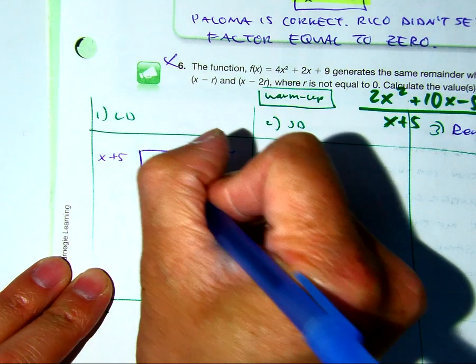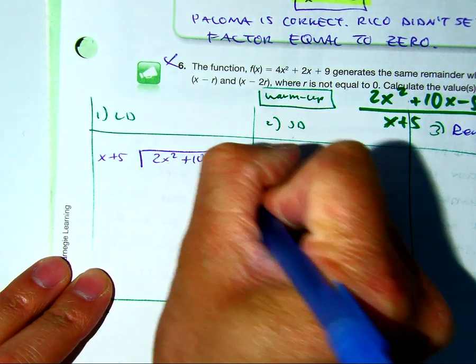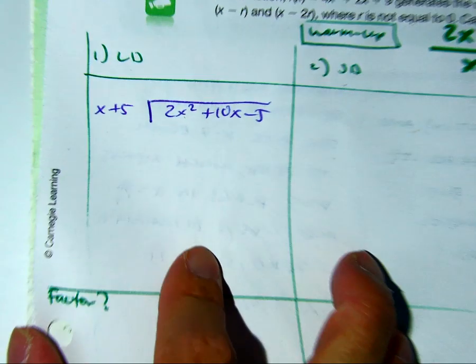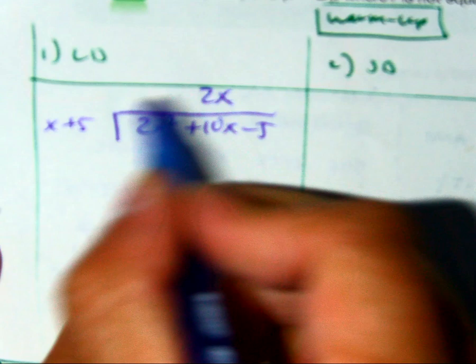Jocelyn, how many times does x go into 2x squared? 2x is correct. When you multiply, Jocelyn, what do you get?